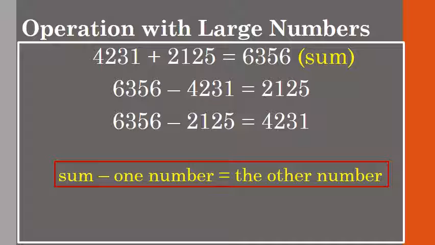So 6356 minus 4231 is equal to 2125. In the same way, when we subtract the second number from the sum of the two numbers, we get the first number. So we come to the conclusion that sum minus one number is equal to the other number.